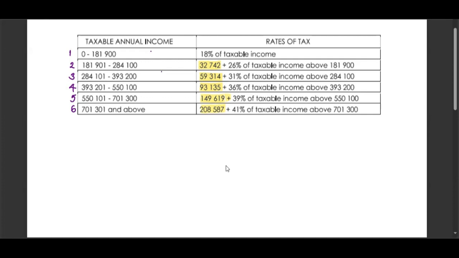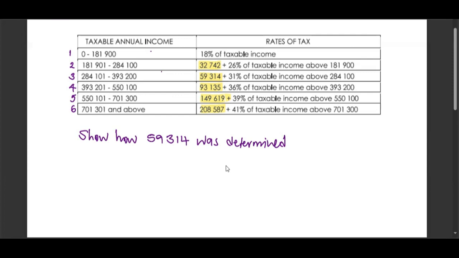These numbers, what I want you to know, this number, for example, show how 59,314 was determined, or how it was got.